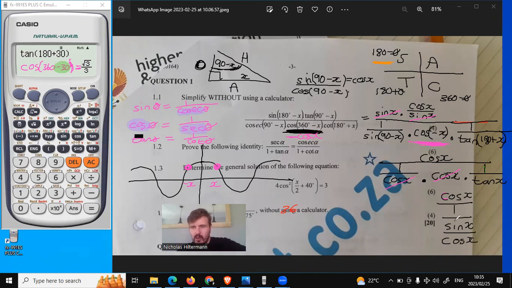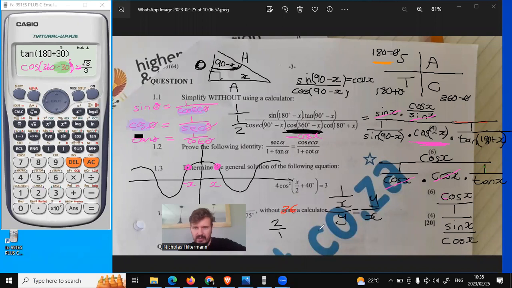Now, 1 over sine over cos is the same as cos over sine. So in other words, 1 divided by a half is 2. 1 over a half is the same as saying 2 over 1. It's a weird thing, but just remember 1 over x over y is y over x.